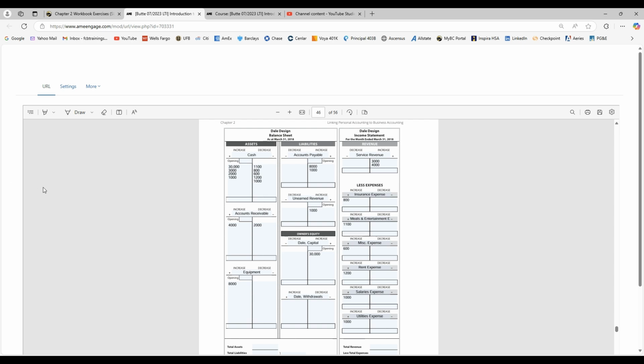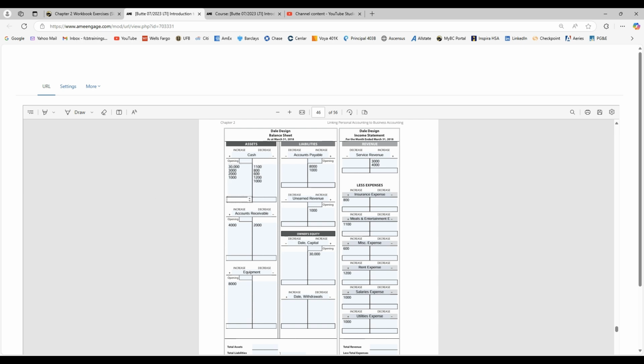Okie dokie. So then I think that's all of our transactions for the month, all 12 of them. And so then we need to go through. We have no beginning balances again. So really we're adding all of the increase side and then decreasing all the decreases. So 30,000 plus 3,000 plus 2,000 plus 1,000 minus 1,100 minus 800, so on and so forth.